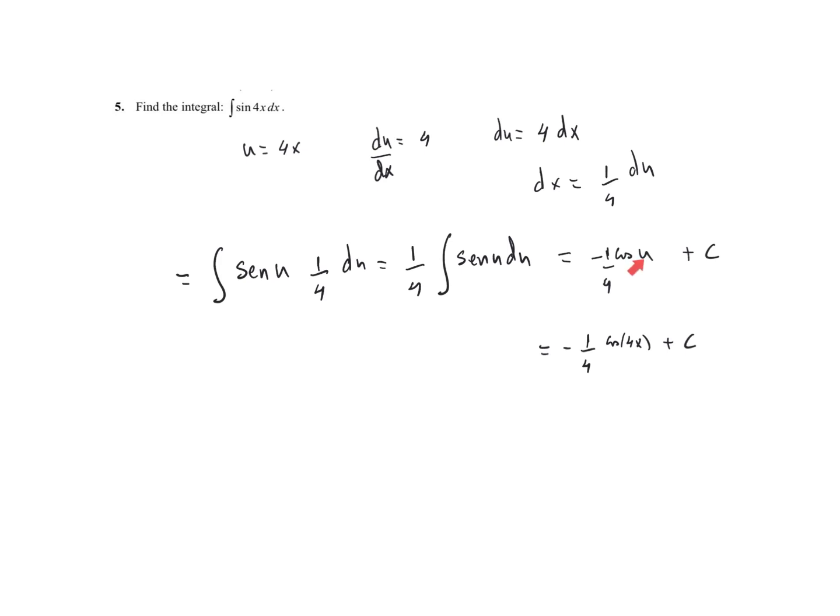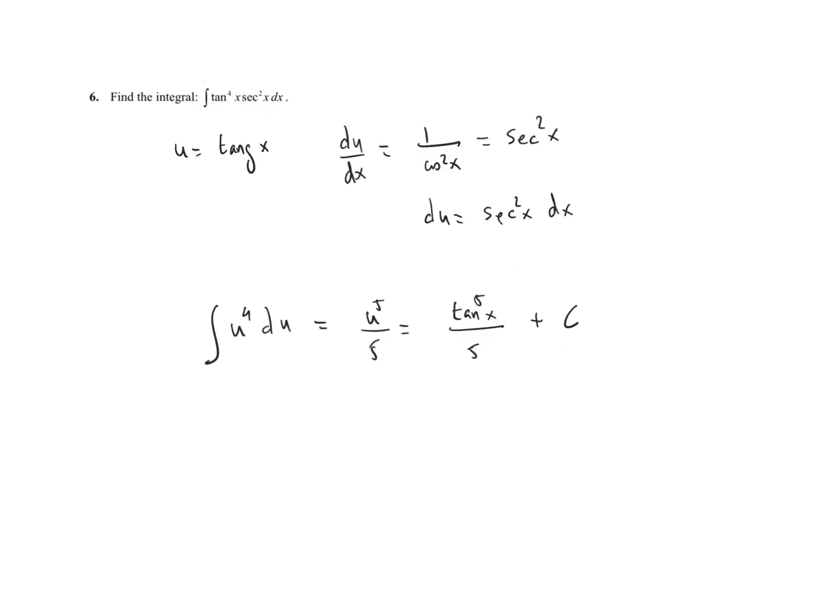The integral of sine of u is minus cosine of u plus c, so it will be minus 1/4 cosine of u. And again, you have not finished until you substitute the value of u, 4x. So the final answer is minus 1/4 cosine of 4x. And again, you can differentiate this expression to obtain the integral.